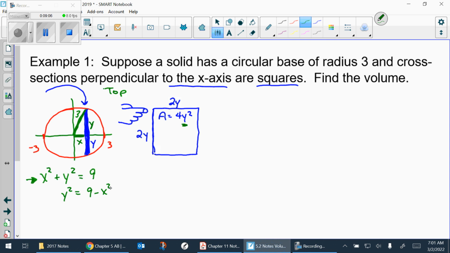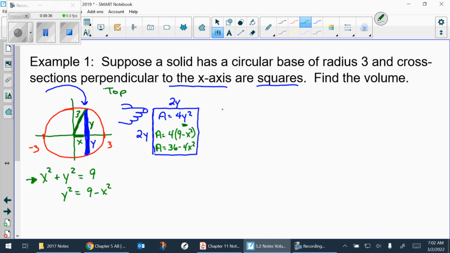So if I want my area in terms of x's, I'm going to say that the area is equal to 4 y squared, 4 times 9 minus x squared. I know that the area is 36 minus 4x squared. That's the area of my square in terms of x's.